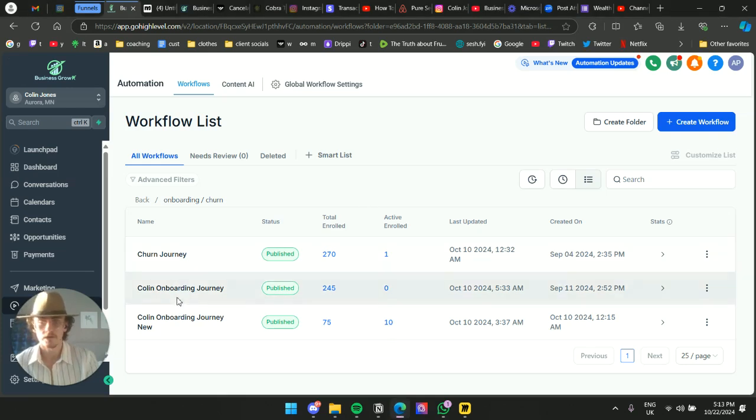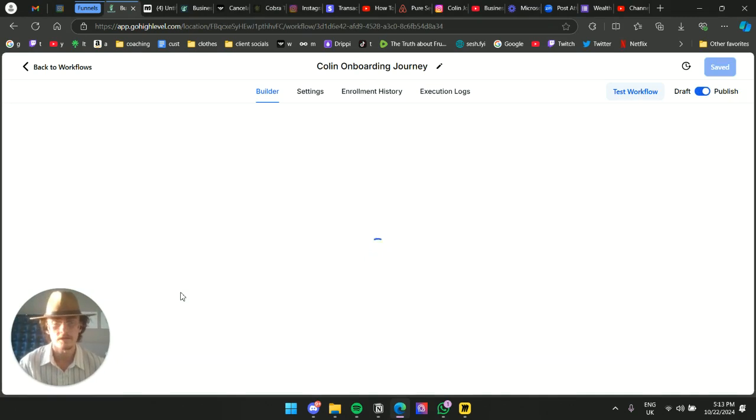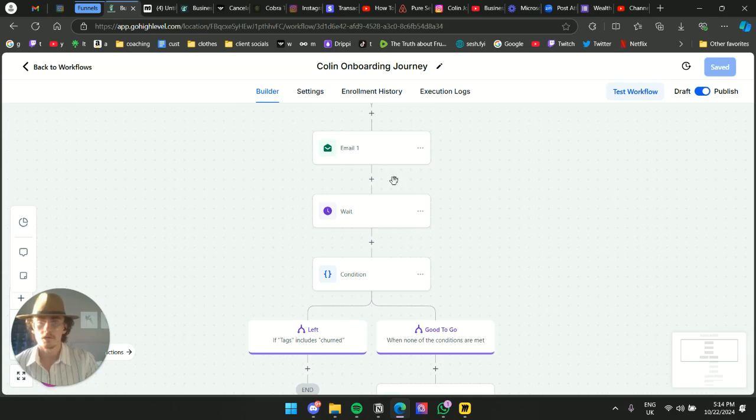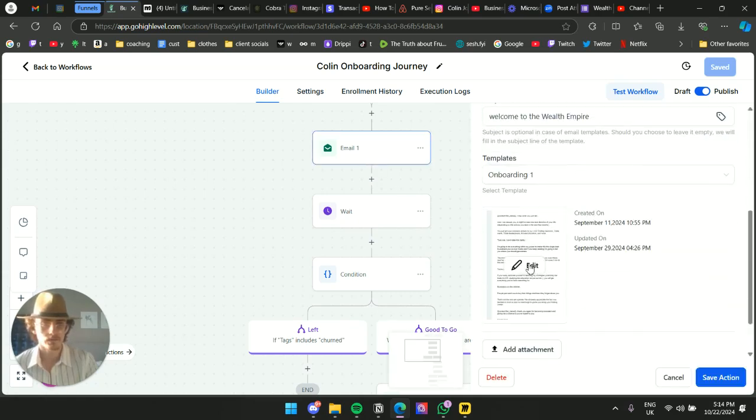This is another really good automation to have. Basically, what it does is it teaches people how to get value from your product early on, in the first 7 days of their purchase. We can even stretch it out to 14 days sometimes if we find that a client's business is struggling with churn or free trial conversion rate. It will just be stuff like, hey man, welcome, you just got access to this, and that.